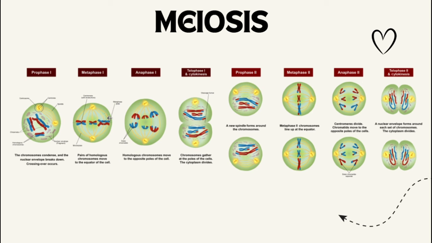In metaphase 1, you can see them line up at the equator, and if we jump ahead a little bit and look at metaphase 2, they're also lined up at the equator, but the difference is that they're lined up in different directions. You see it? They're more horizontal over here, and very vertical over there. They line up differently.